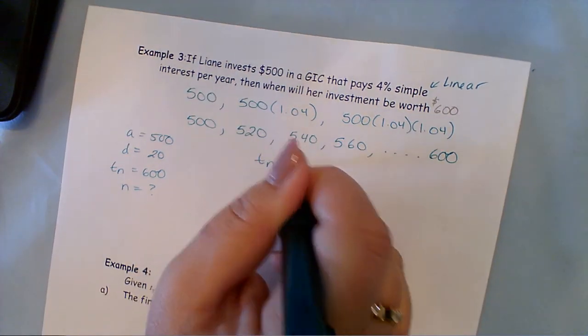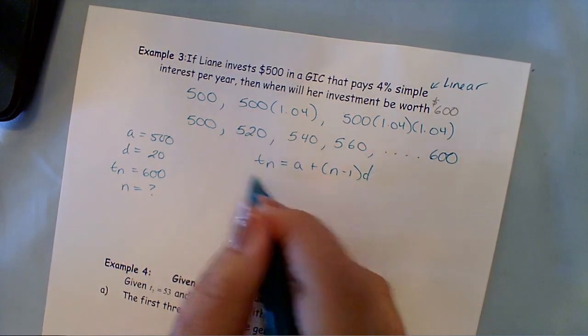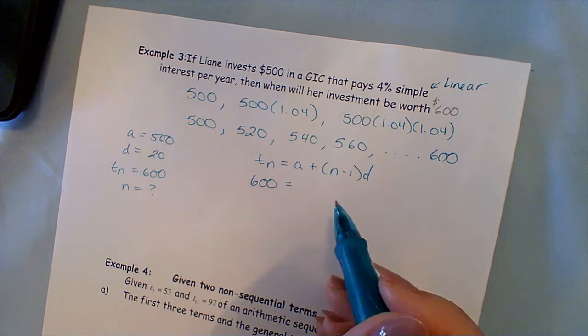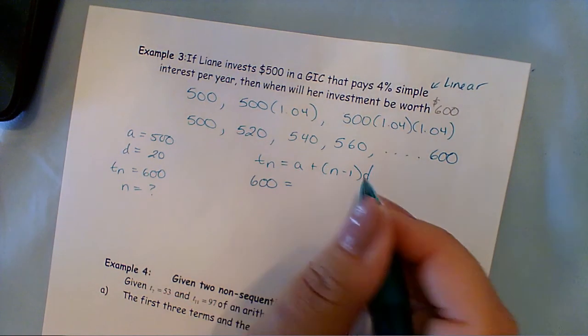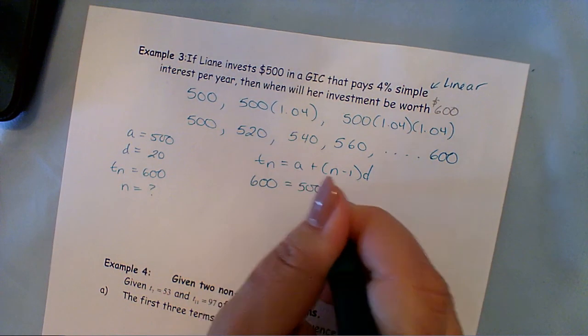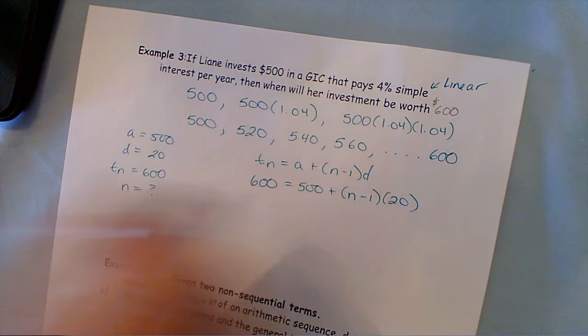So you start off with it as normal. Sub in what you know. The value I'm interested in is 600. So it's like I'm giving you the y value, and you're going to give me back the x value that created that y value. Again, we did this when we did function notation. A is 500. N I don't know, but D is 20.